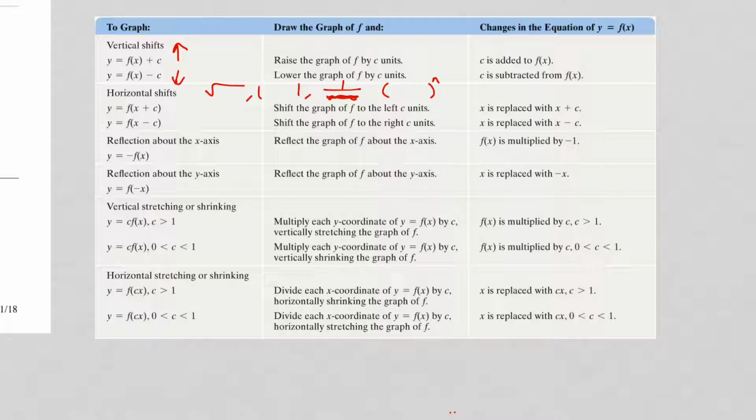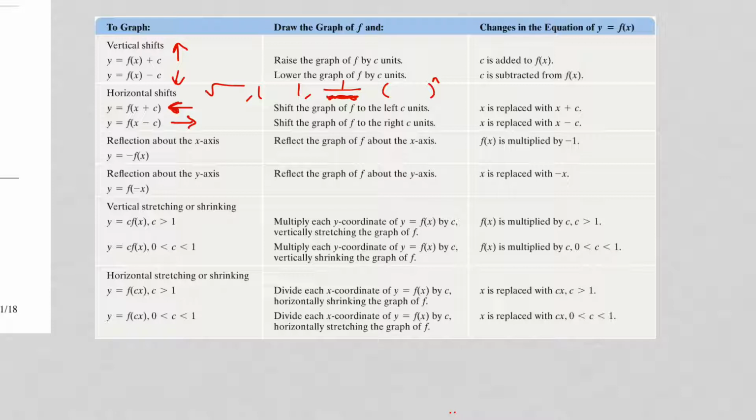If it's inside the parentheses and it's positive, we're going to go the opposite direction of what we normally would think. And then negative will go to the right.